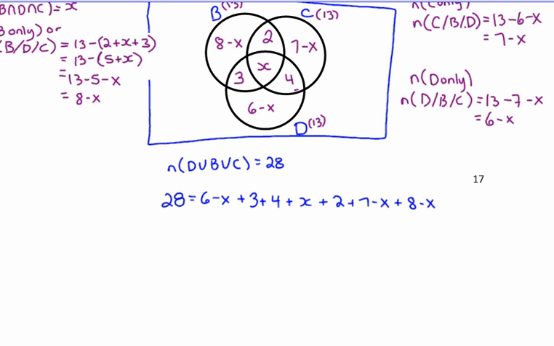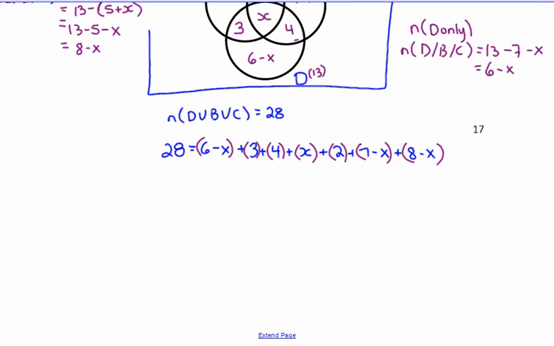You could put these in brackets if you like, they don't need brackets. So there was 6 minus x, there was a 3, a 4, the x in the middle, 2 for the dogs and cats only, 7 minus x, and 8 minus x. All of those together adds to 28. Is everyone following right now? Yes? Okay, good.